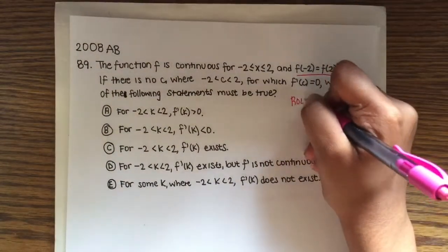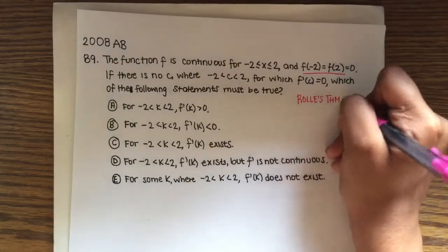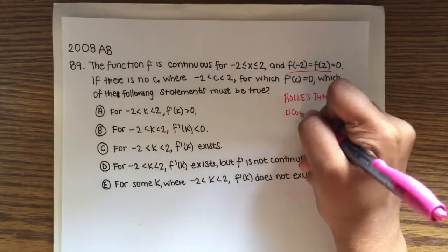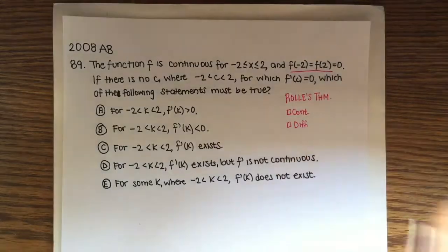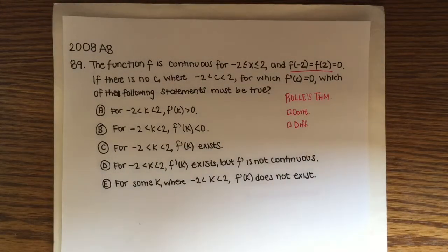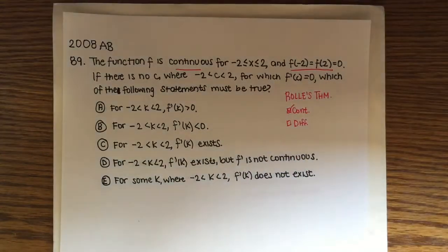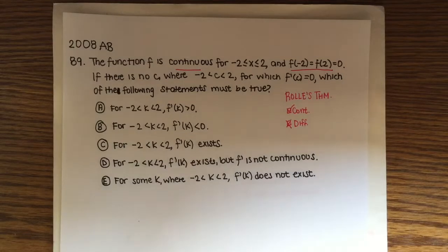This means that we must be using Rolle's theorem. The two conditions for Rolle's theorem are that a function must be continuous and that the function must be differentiable on the interval. In the problem, we already know that the function is continuous, so we know that the function must not be differentiable for f prime of c to not equal 0 at some point.